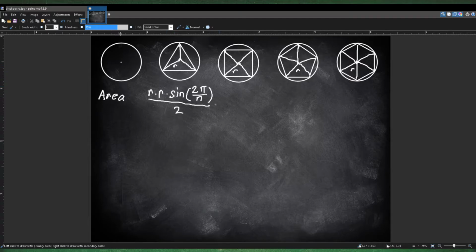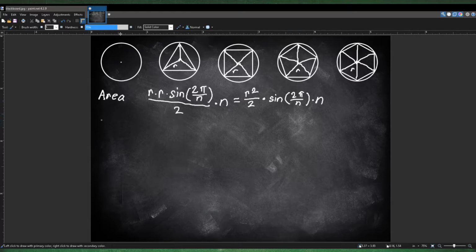If you want the entire area of the shape, we just multiply by n, because there are n sides, so there are n triangles. Okay, so now we can find the area of this. r and 2 are constant, so we could put r squared over 2 times sine of 2 pi over n, times n. And then n has to go to a really, really big number.